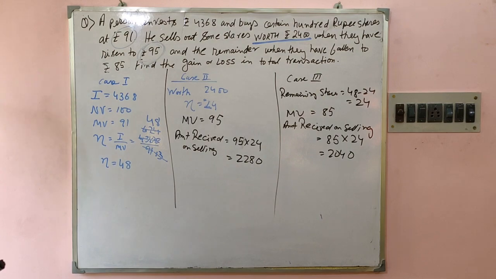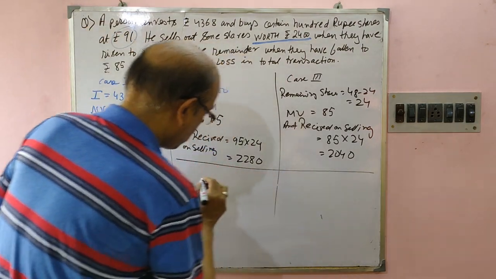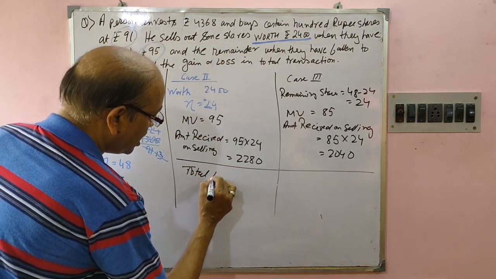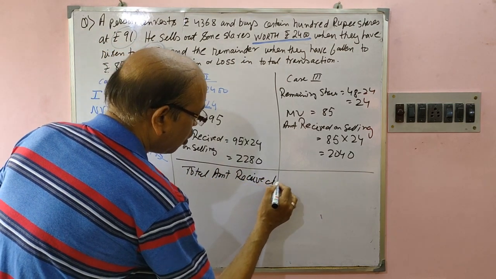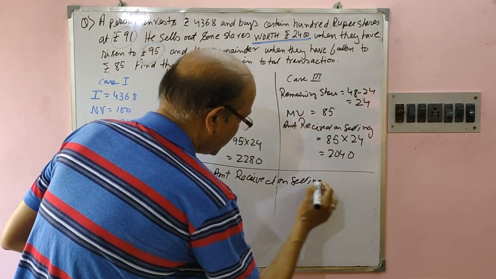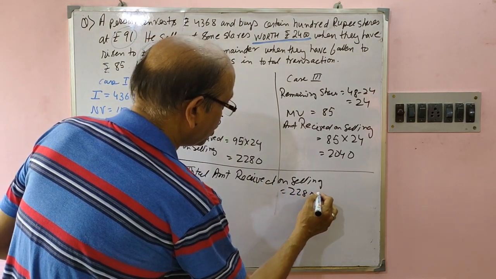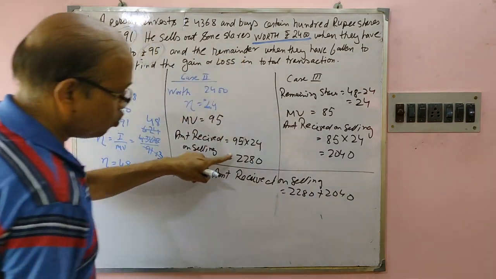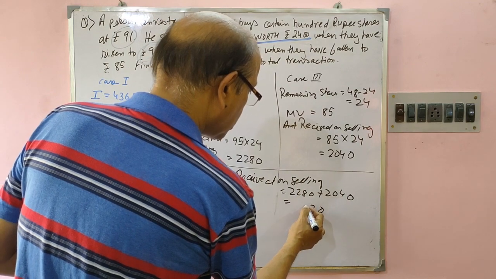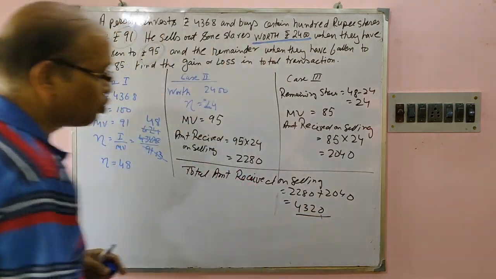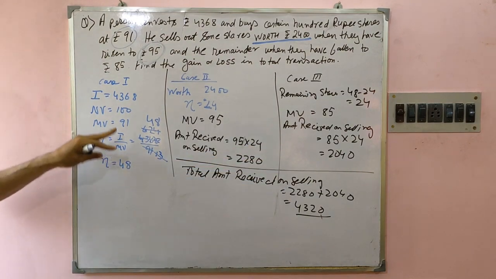Now we have to find the gain or loss. What is the total amount received on selling? Total amount received on selling is 2280 plus 2040, which is 4320. And what was his investment?